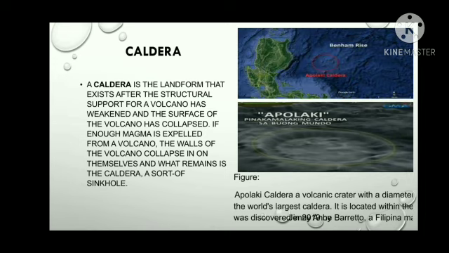When the magma chamber empties, the support that the magma had provided inside the chamber disappears. Just because a volcano has collapsed and formed a caldera doesn't mean that all the activity has stopped. There may still be magma present under the caldera.